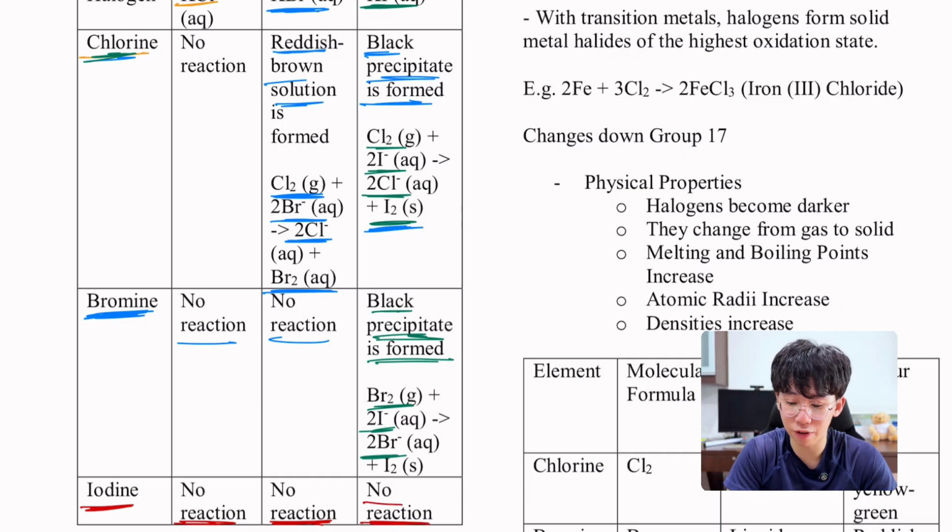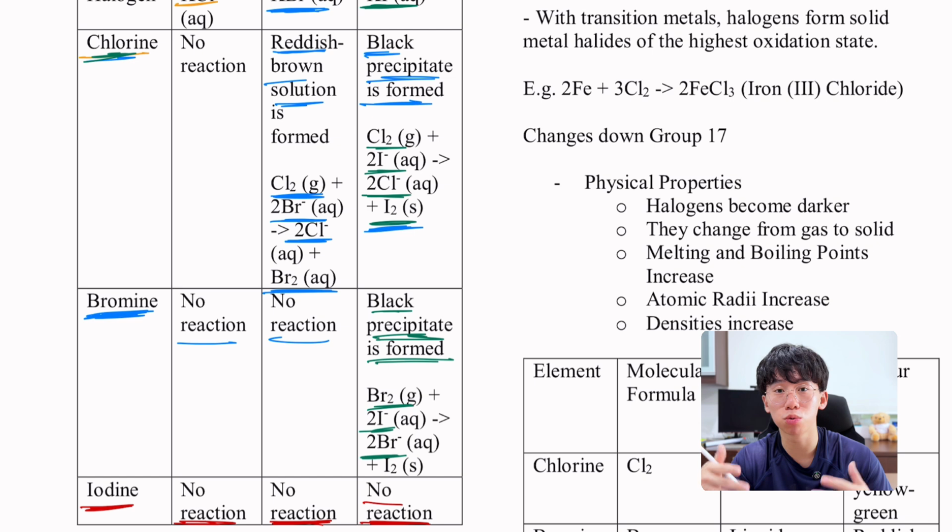And iodine with iodine, there's also no reaction. So hopefully you can understand the basis of displacement reactions, and you can follow my line of logic to find out what observations would happen and what equation you could write for the displacement reaction if it were to ever occur.